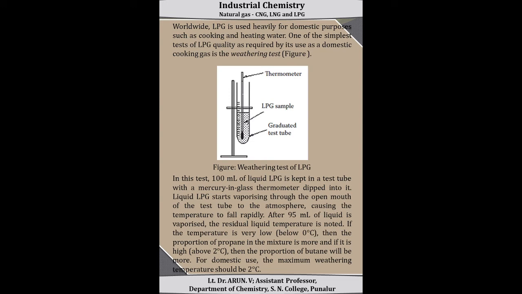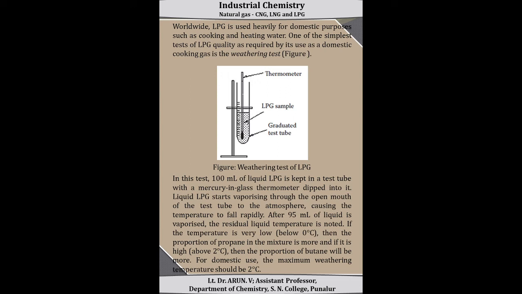One of the simplest tests of LPG quality as required by its use as a domestic cooking gas is the weathering test. This figure shows the weathering test of LPG. Here we can see a graduated test tube, a thermometer, LPG sample and a stand. In this test, 100 ml of liquid LPG is kept in a test tube with a mercury in glass thermometer dipped into it.